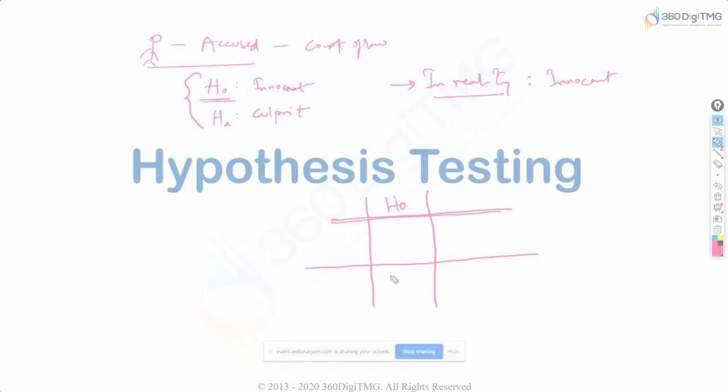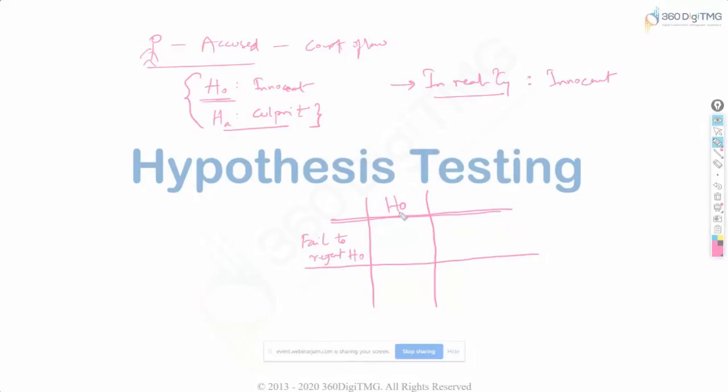Assume there is no evidence to prove that he is a culprit, then by default he will be released. So in the court of law, the lawyers have failed to reject the default condition. The judge failed to reject the default condition because there was no evidence.